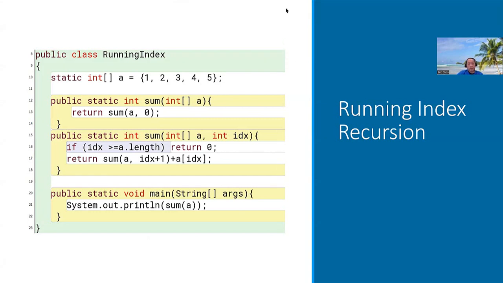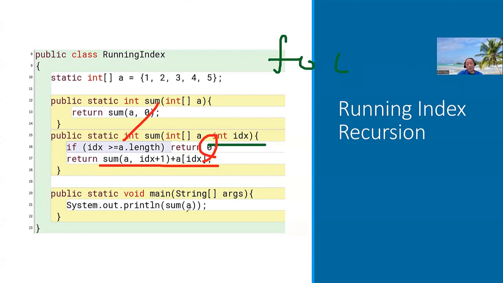Okay, some recursive function may have running index as well. So it actually is the same thing when you do a for loop. So for index i equals 0, i less than data length, you do something. So that i less than data length becomes your termination condition right here. When you are greater than that, you return something. Okay.